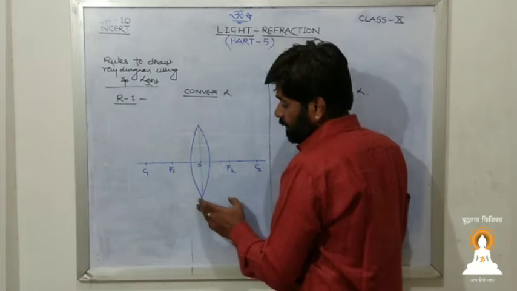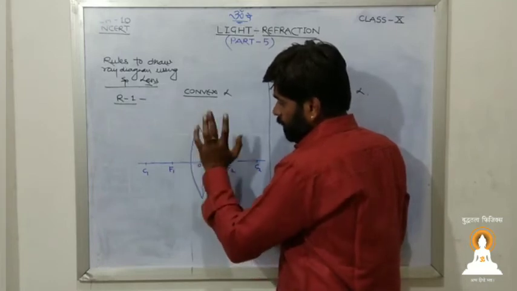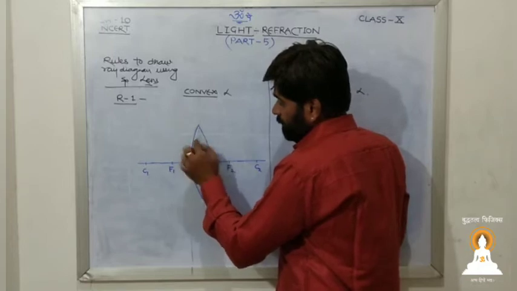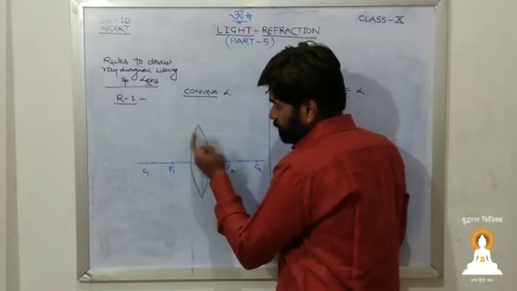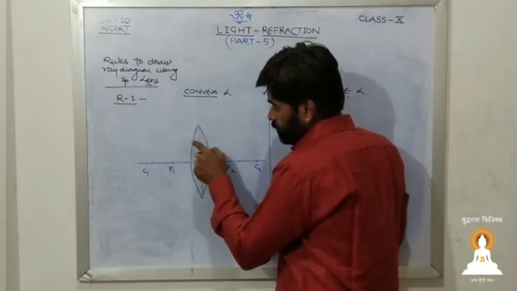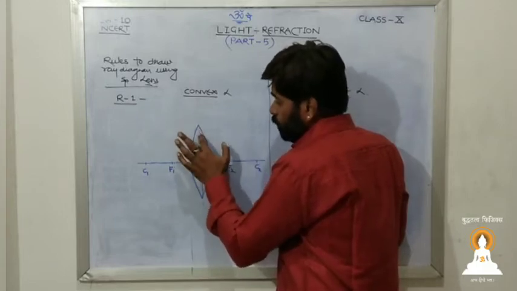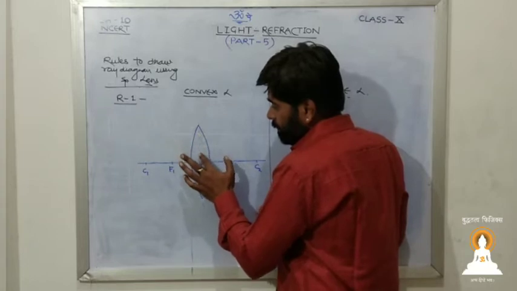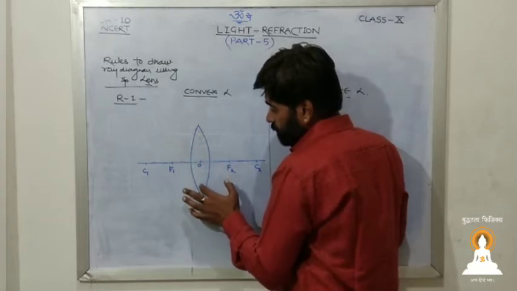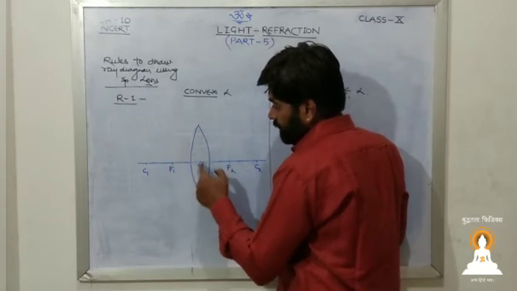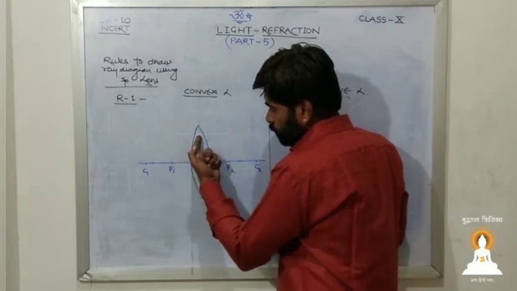When you draw this diagram, a question may arise from your side whether the refraction should be through this point or this point. We should not bother about that, that is a point of interest for higher classes. For the time being, at the level of 10th class, you have to take it up to here.